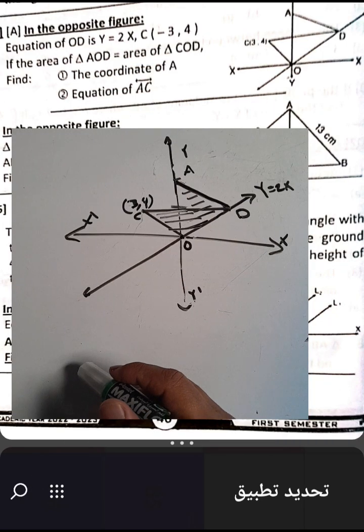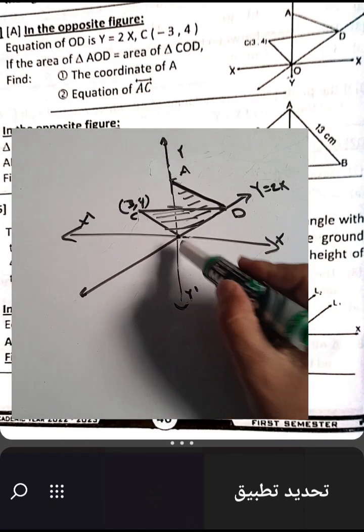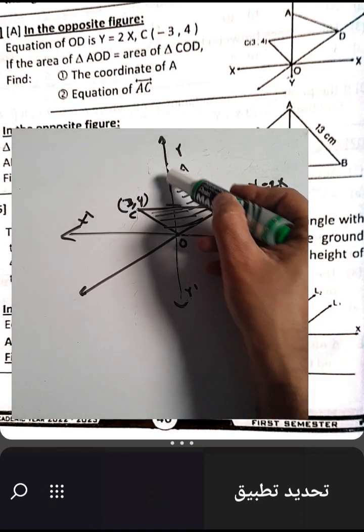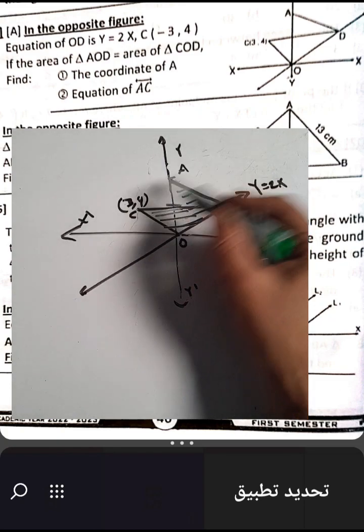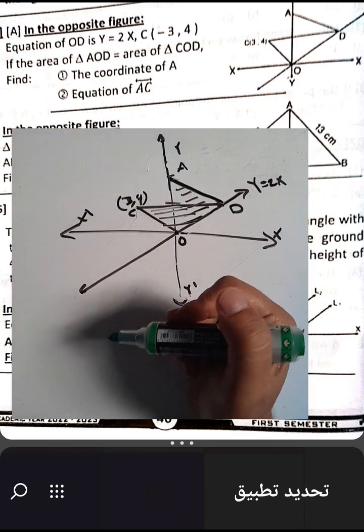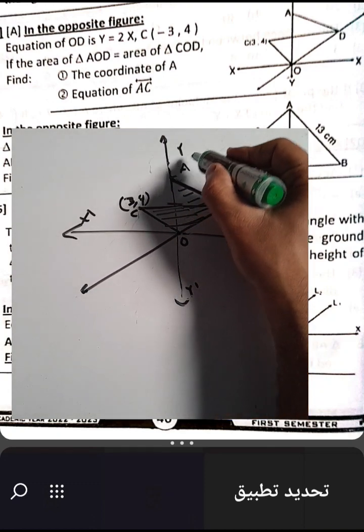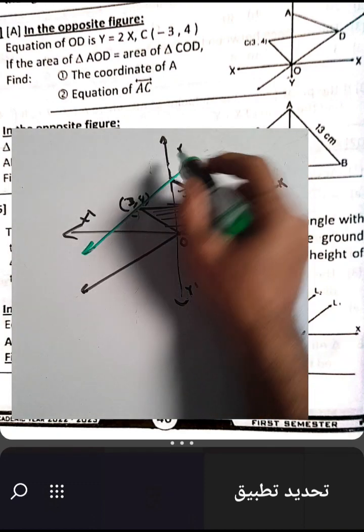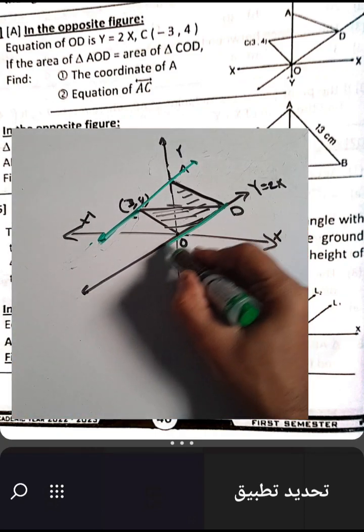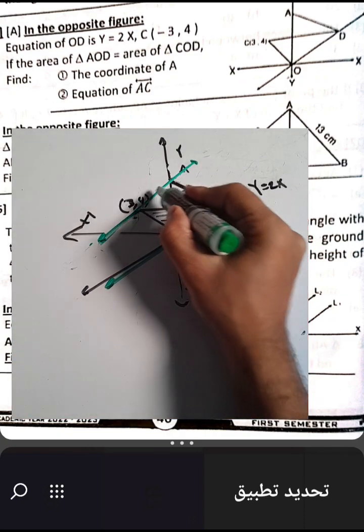Look at this property with me: if the area of triangle COD equals the area of triangle AOD, then the two vertices lie on the same straight line parallel to the base. Then the points C and A lie on this straight line, and it will be parallel to the base OD, that is, CA is parallel to OD.